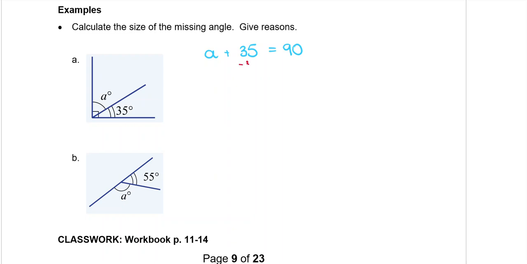So I'm going to minus 35 from both sides, and then A will be equal to 90 minus 35, which is 55 degrees.